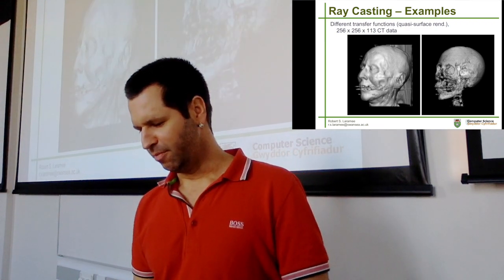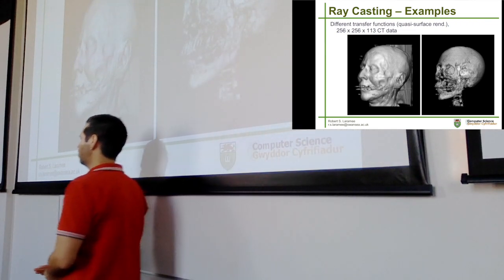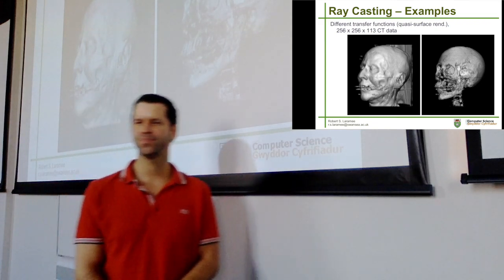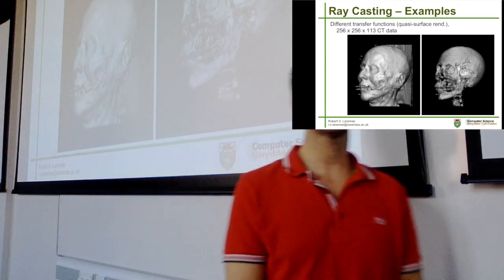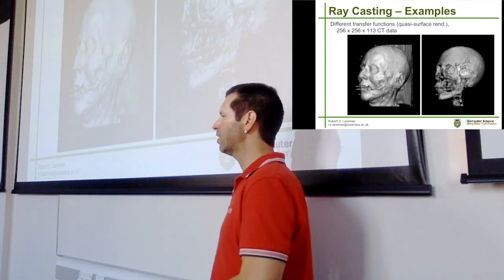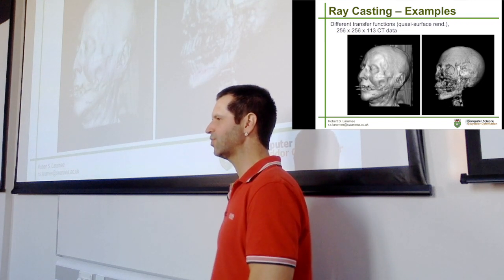Just one other thing I'll mention about these images. Does anybody remember some of the limitations of the marching cubes algorithm? Anybody remember that discussion? That was on a Monday evening lecture, I think, wasn't it? When everybody was very sleepy.